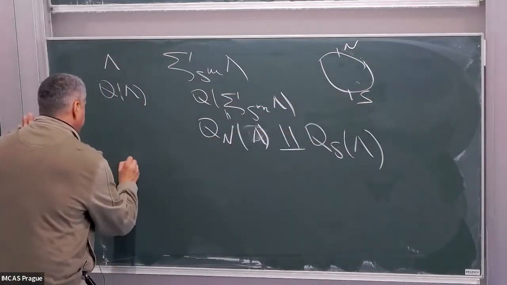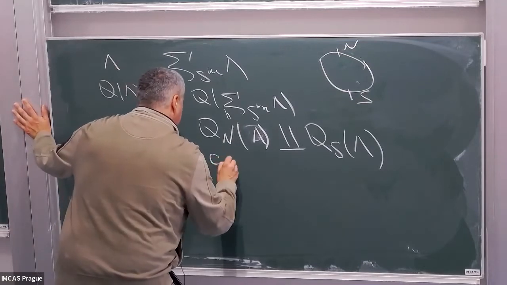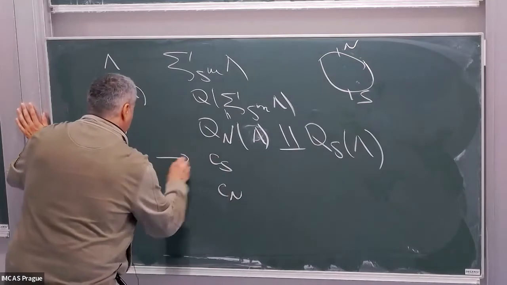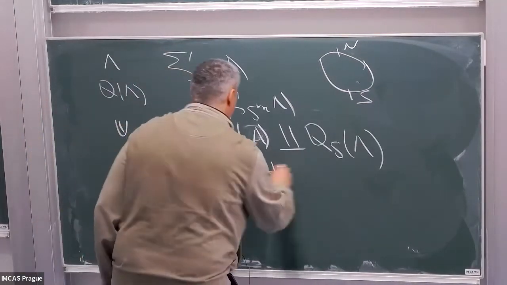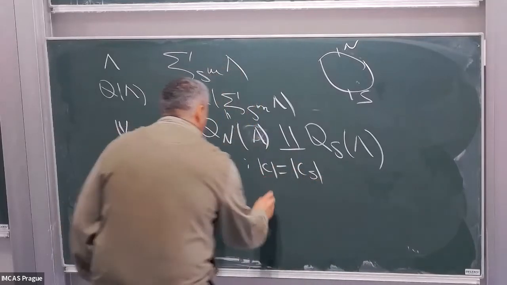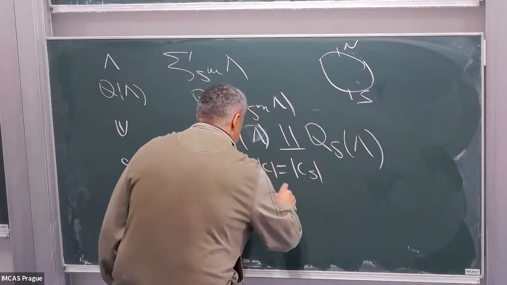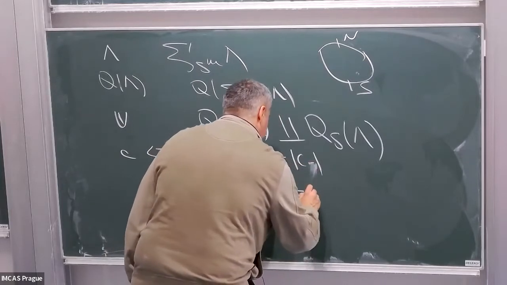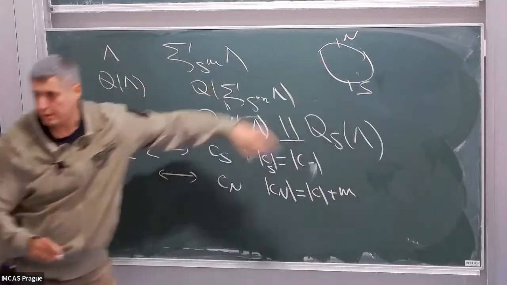Namely, to C here, we associate Cs and we associate Cn. And this correspondence is of the following sort. The degree of C is the same as the degree of Cs. And the degree of Cn is equal to the degree of C plus m, okay?